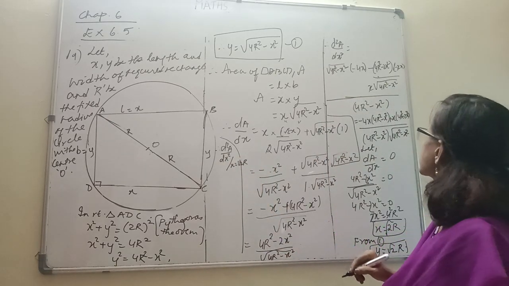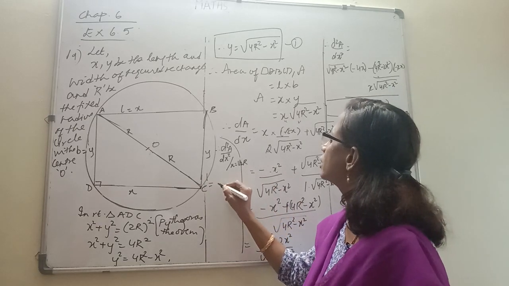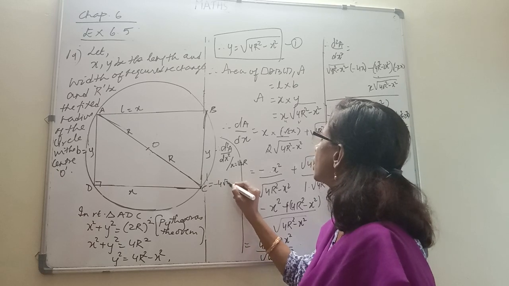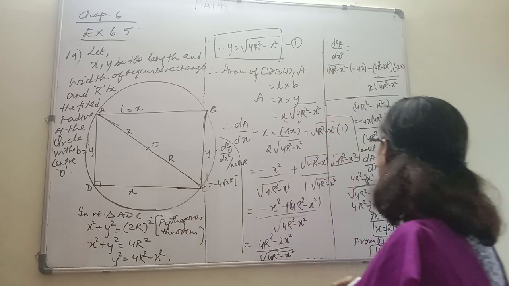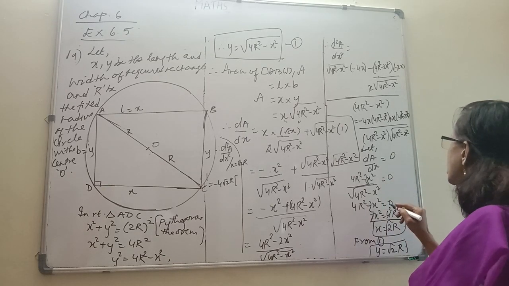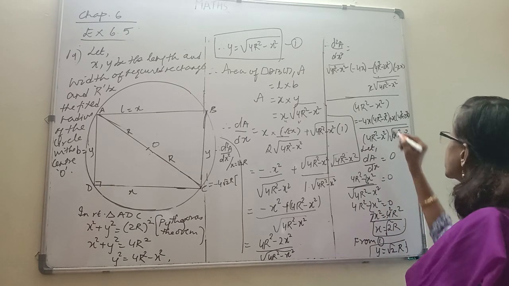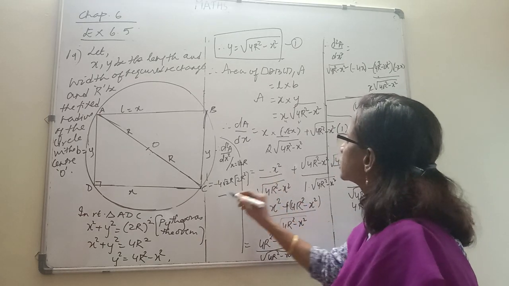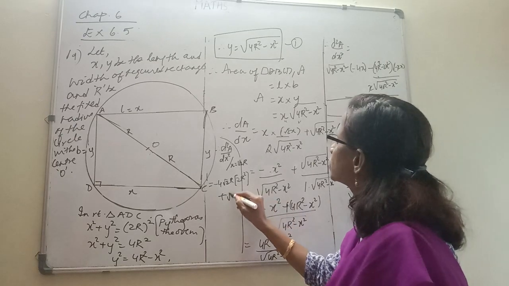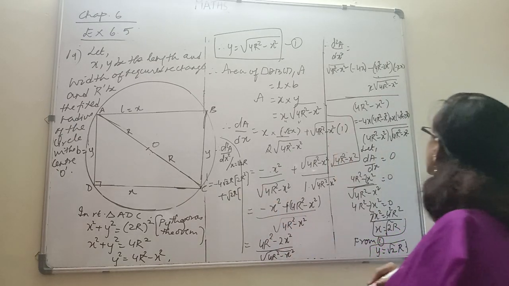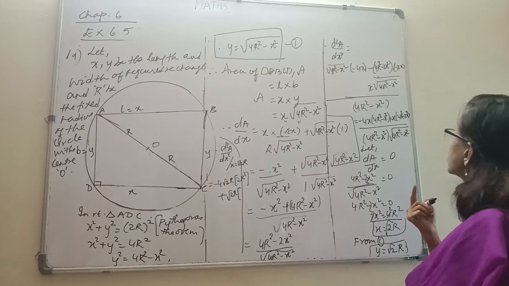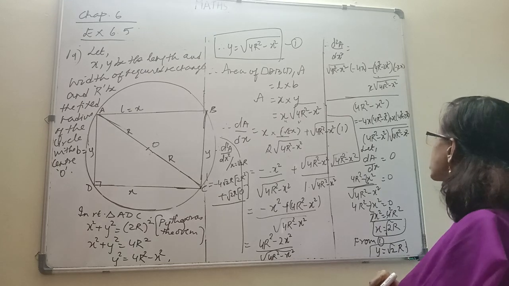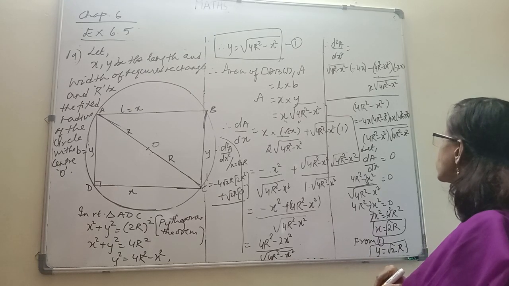Let's see how that works, because you have the numerator minus 4x, so that's going to be minus 4 root 2 r, and then in the bracket we have 4r squared minus x squared, and x squared is 2r squared, so this is going to be 2r squared, first term. Second term is plus x, which is root 2 r, and in the bracket it is 4r squared minus 2 times 2r squared, this will become 0, luckily for you, and in the denominator you have 4r squared minus 2r squared, so that is 2r squared, root 2r squared.